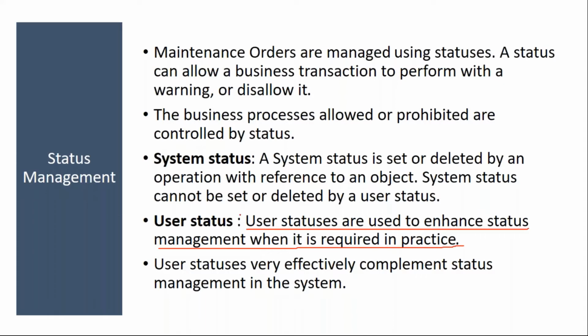User status we can define as per our requirement. As per the client requirement, you can create the user status. User statuses very effectively complement status management in the system.